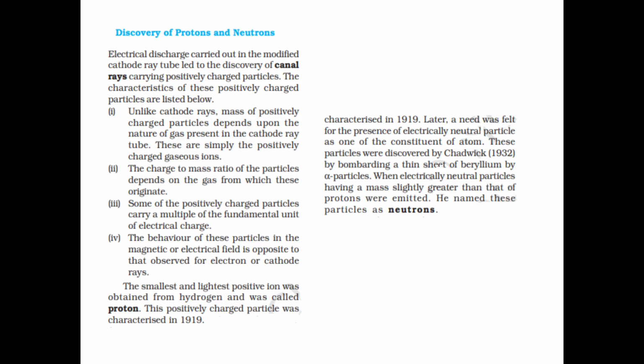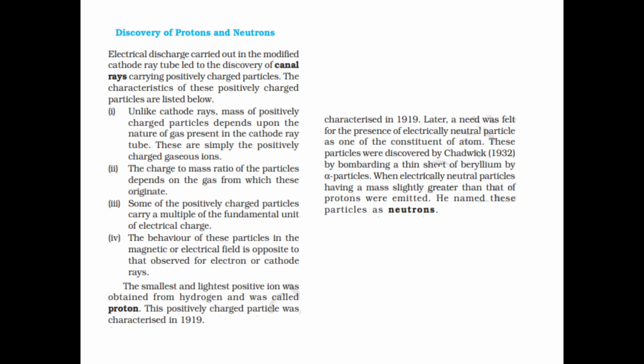These are simply positively charged gaseous ions. The charge to mass ratio of the particles depends on the gas from which they originate. Some of the positively charged particles carry a multiple of the fundamental unit of electrical charge.